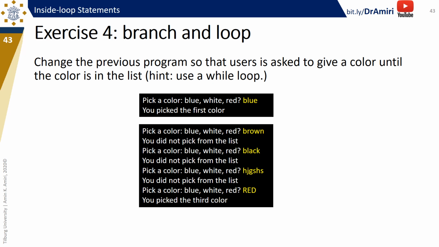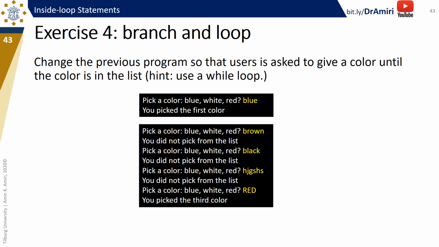Okay, please pause here for 2 or 3 minutes and try to develop a program for exercise 4. I would like you to change the previous program so that the user is asked to give a color until the color is in the list. So if blue is given, the program will print "you picked the first color", but if you provide brown, it says "you did not pick from the list".